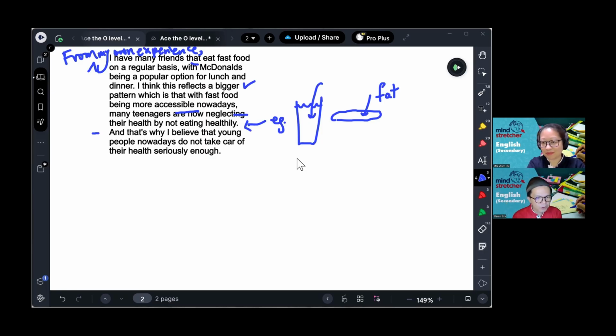So here you have jumped very quickly to the ending, because this is how you would answer a comprehension question. Now, you don't want to treat this as a comprehension question. So at this stage, after you've talked about neglecting their health by not eating healthily, then you could say, if we look at this from a larger point of view, Singapore is struggling with a diabetes epidemic.